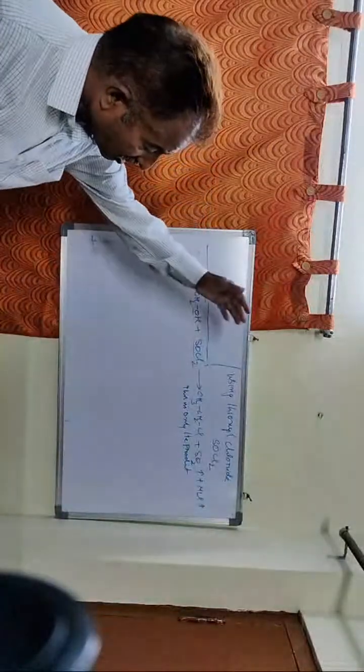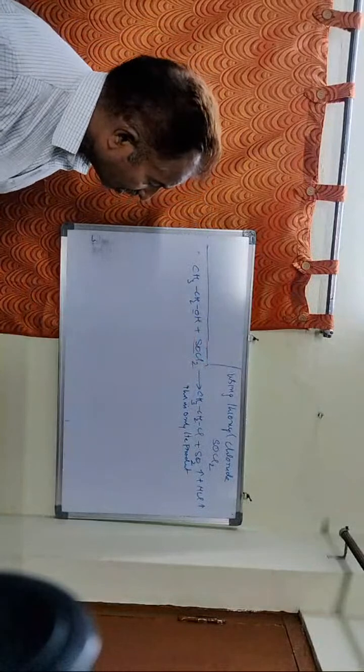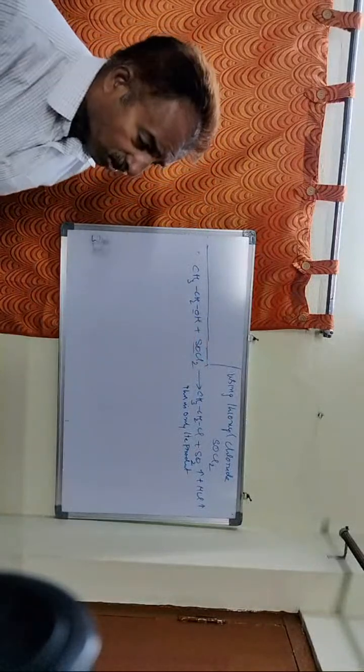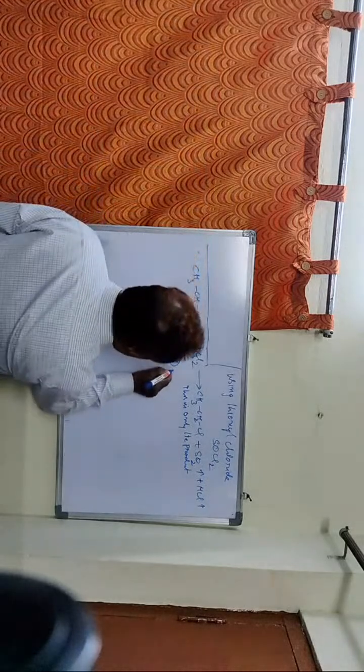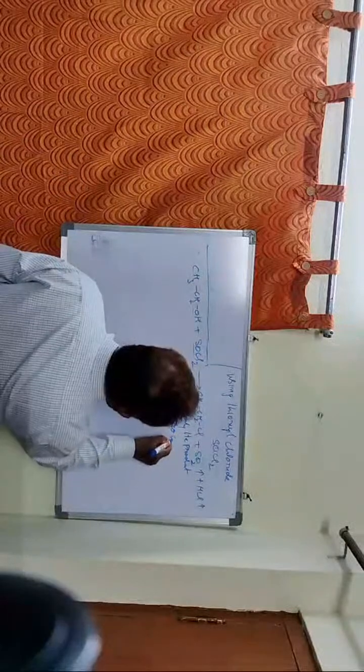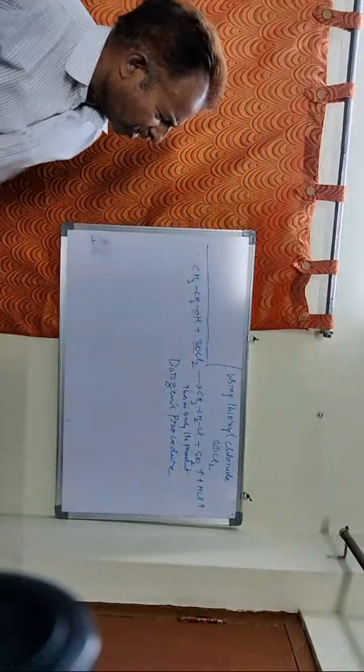Therefore, this is the best method for preparing haloalkanes by using thionyl chloride, right? And this process is known as Darzens procedure. So the preparation of ethyl chloride or chloroethane by using thionyl chloride is referred to as Darzens procedure.